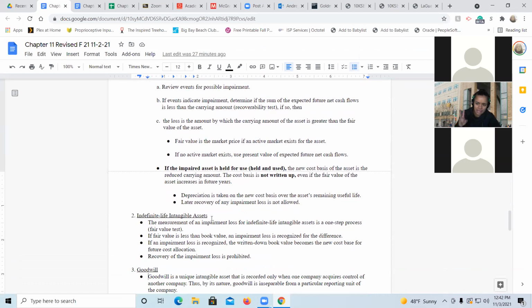And then the second group is intangibles that don't have a finite life, they have an indefinite life, but not goodwill, because goodwill has its own separate process. So take an indefinite life intangible, like a trademark, for instance.